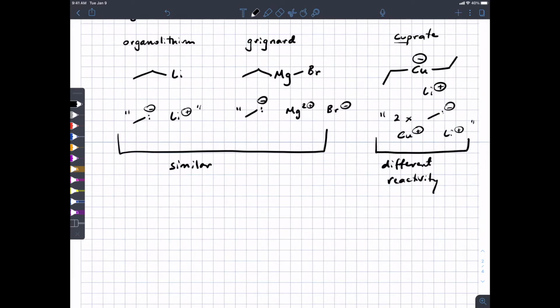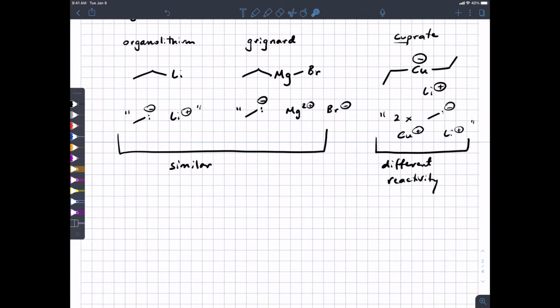And we'll see that one reason for that is that copper is a different metal than lithium or magnesium. There's this whole thing that you probably didn't learn about in general chemistry. It's called hard-soft acid-base theory. It's something that we don't need to talk about in an introductory organic chemistry class, but the cuprate is a softer nucleophile than the organolithium reagents, and that's going to mean that it does some different things. That's a memorized detail. We're not going to talk about fundamental principles there.